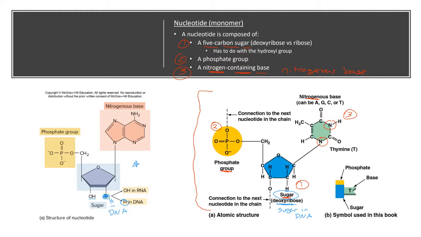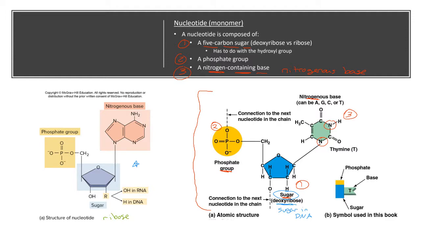Now let's make this into an RNA sugar. I'm going to erase it really quick, and I'm going to use a different color. I'm going to use green. How do we make this into ribose?